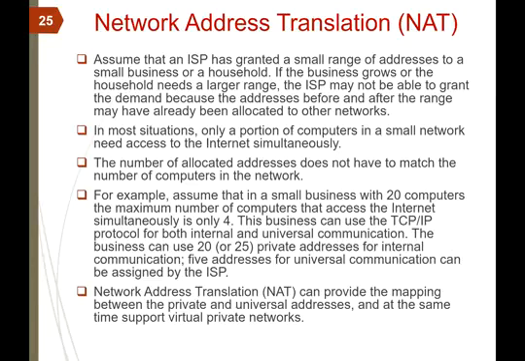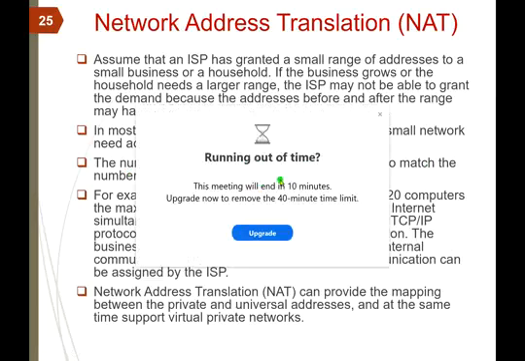Sometimes they may sit idle; they don't make requests to the internet. Therefore, you can use a limited number of public IPs and share them among many devices. The number of allocated addresses does not have to match the number of computers in the network.